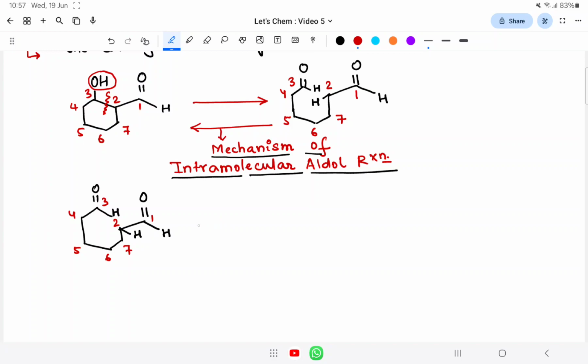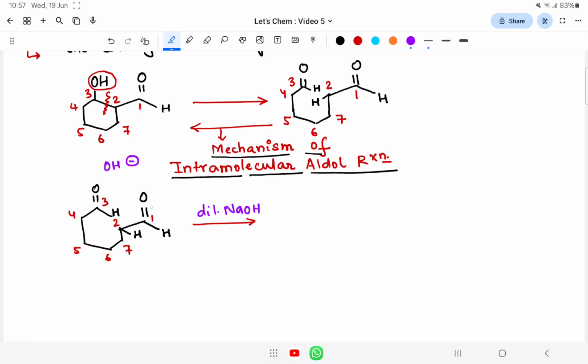So the first step is a very important step. Let's see the arrows I would be drawing here. Let's try to focus on the arrows. How are they going to move? Always remember that you do this reaction in the presence of dilute NaOH, so there is always presence of OH minus ion in the solution.